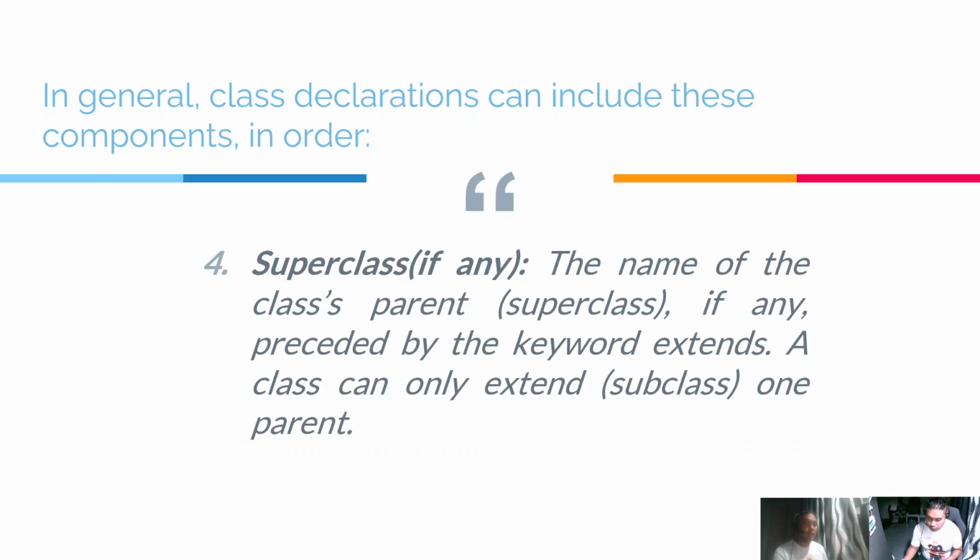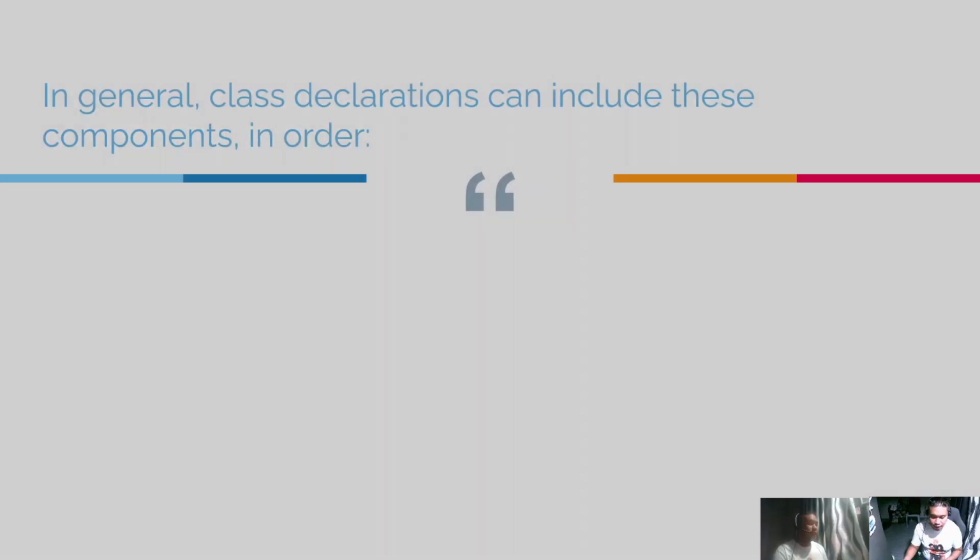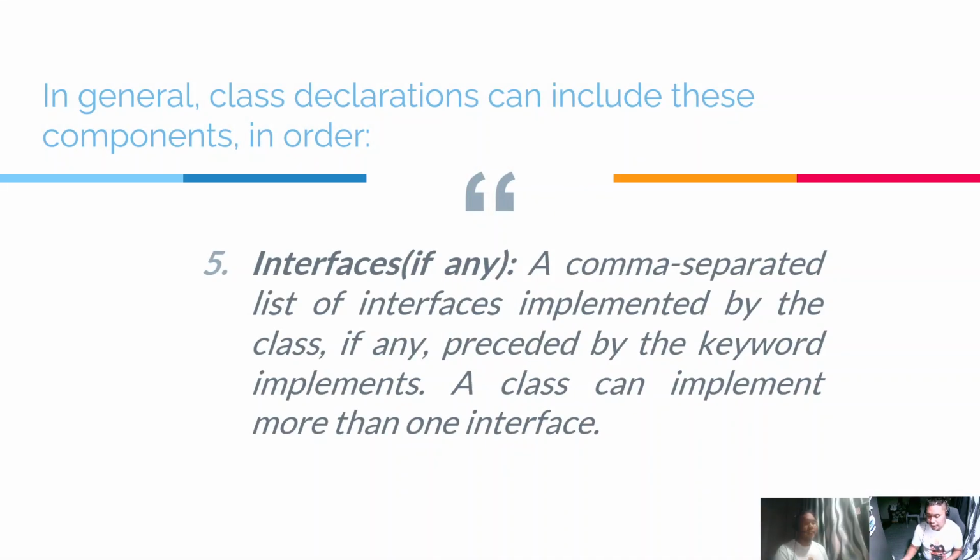Next is interfaces, a comma-separated list of interfaces implemented by the class, preceded by the keyword implements. A class can implement more than one interface.